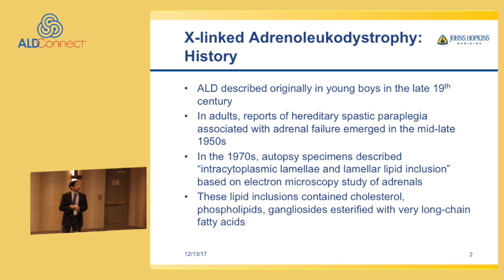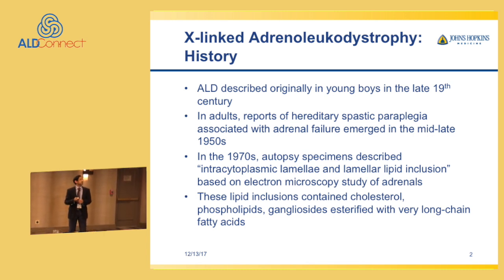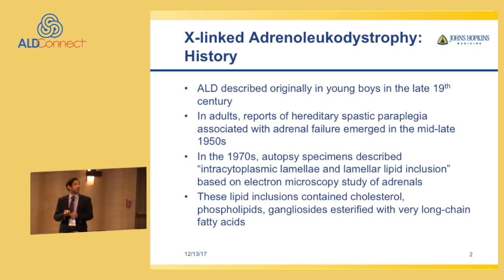So just a little bit of history, perhaps not necessary for this crowd, but ALD was described originally in young boys in the late 19th century, and in adults, reports of hereditary spastic paraplegia associated with adrenal failure emerged in the late 1950s. And in the 1970s, there were autopsy specimens that described these lipid inclusions based on electron microscopy studies of the adrenal glands.